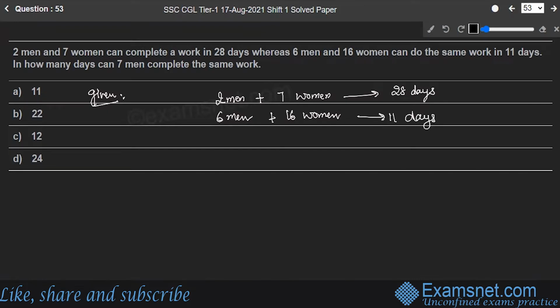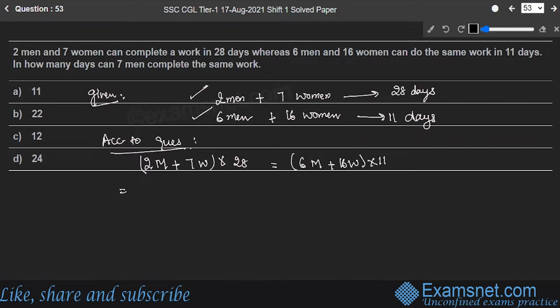Right? So that means the work done by this many men and women in 28 days is equal to the work done by this many men and women in 11 days. So according to the question, 2 men plus 7 women, their work for 28 days is equal to the work done by 6 men plus 16 women for 11 days.